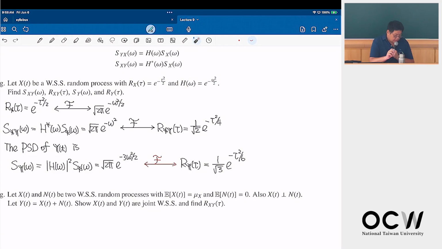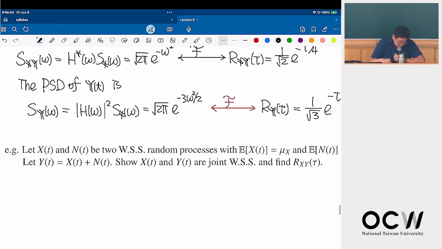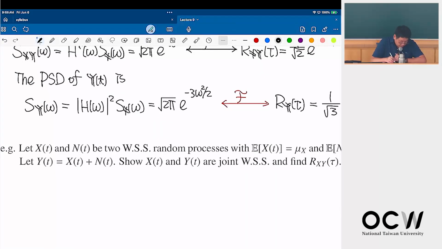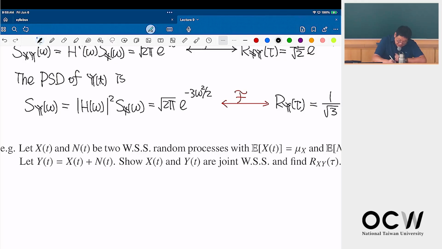Let's prove that first. We need to show y is wide-sense stationary, because if they are jointly wide-sense stationary, each of the random processes should be wide-sense stationary.